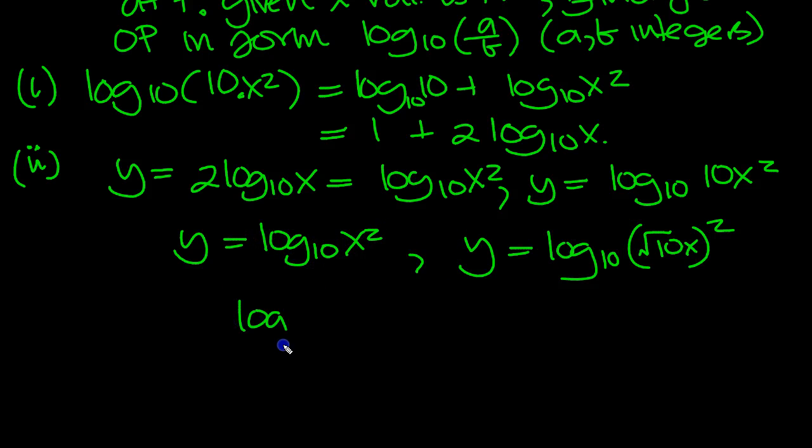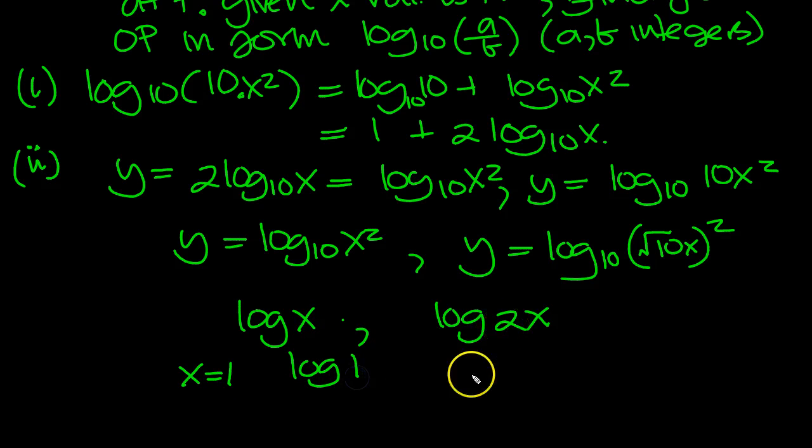Now let's look at something simple. If I had log x as a function and log 2x, what happens here, for example? Well, when the input is 1, we get log 1, but for the output of log 1, I need an input here of x equals a half.